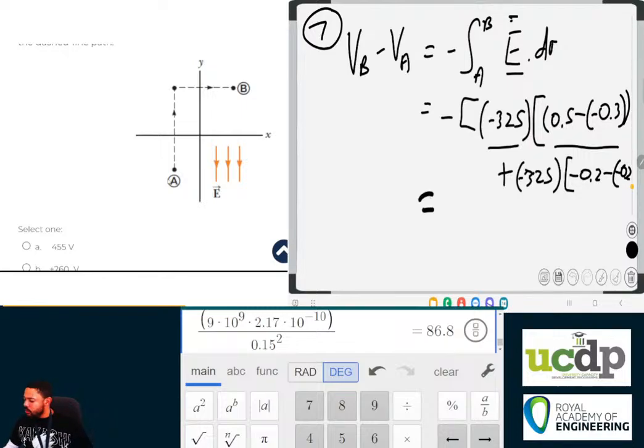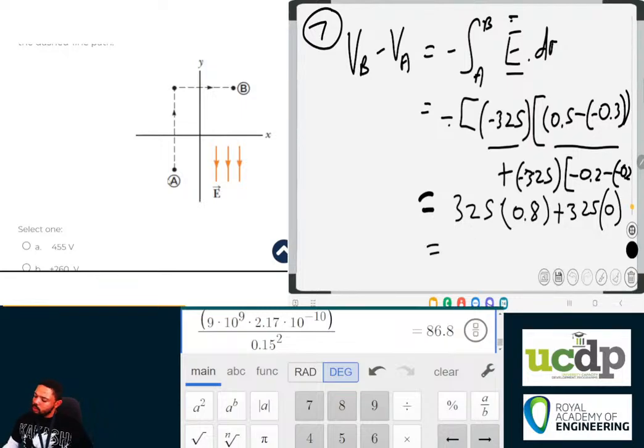So what we get then is 325, with the negative multiplied in, multiplied by whatever's the sum in the bracket, which is 0.5 minus 0.3, which is 0.8. And this side will be plus, multiply the negative in, 325 multiplied by that, which is 0.